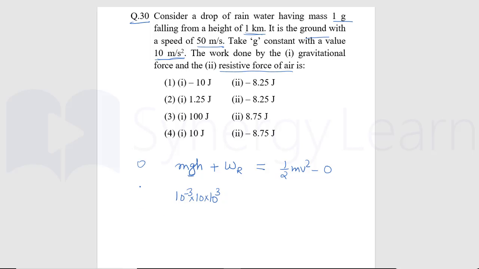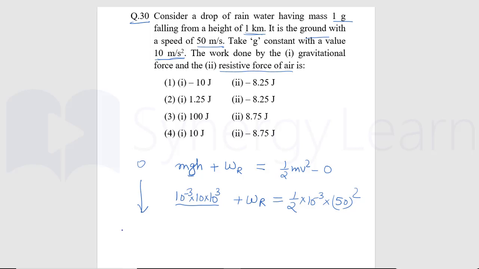So, the raindrop which falls downward, that is displacement is in the direction of force, so the work done by gravity is positive, plus work done by the resistive force, and kinetic energy half, mass is 10 raised to power minus 3 and v square. So they hit the ground with a speed 50, so 50 square.